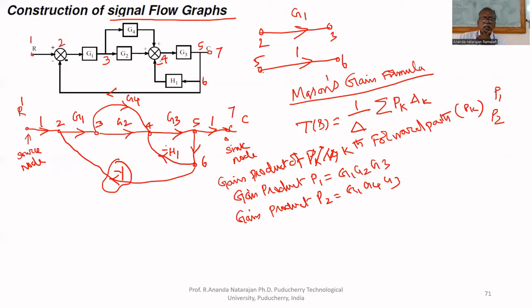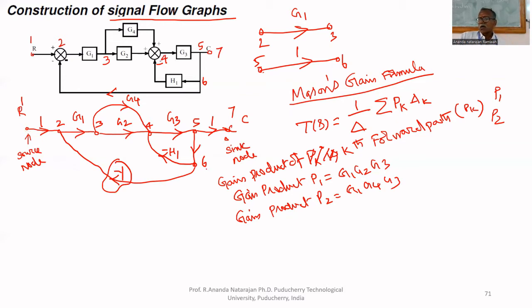You cannot travel 4, 6, 5, 7 because the direction is against. Similarly, you cannot travel 2, 6, 5, 7, but you can travel 1, 2, 3, G2, 4, 5, 7, and 1, 2, 3, G4, 4, 5, 7. These only 2 forward paths are there, whose gains are G1, G2, G3 and G1, G4, G3.